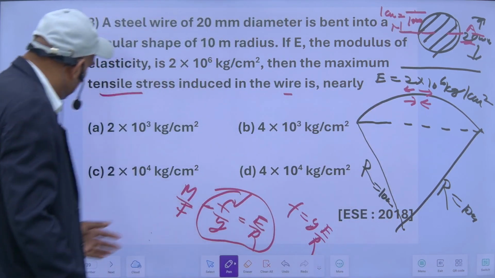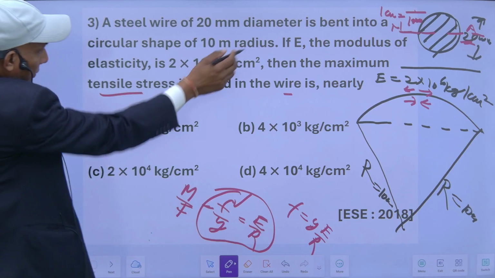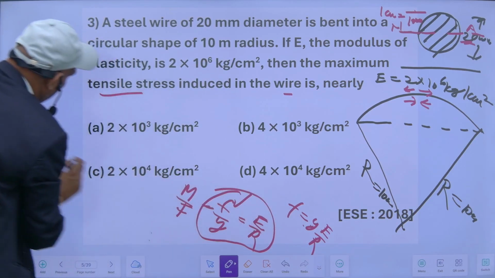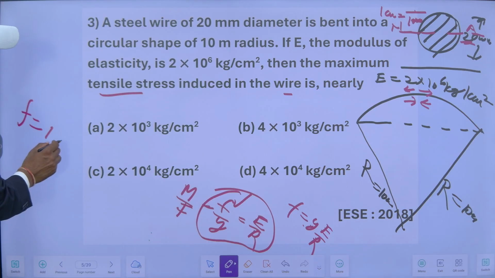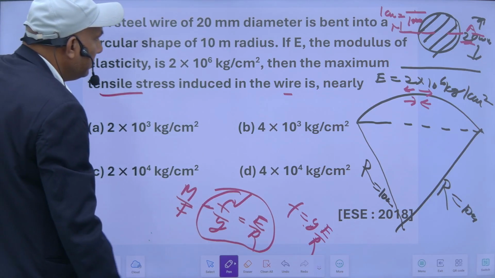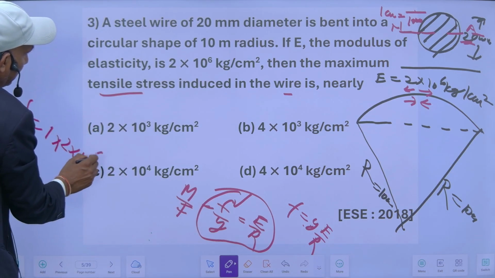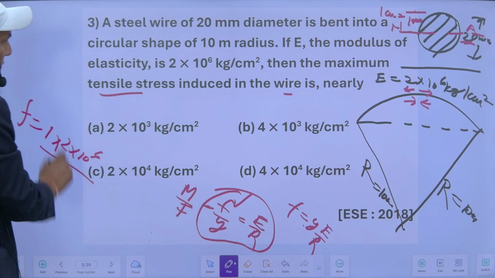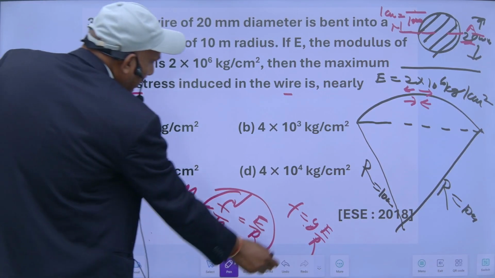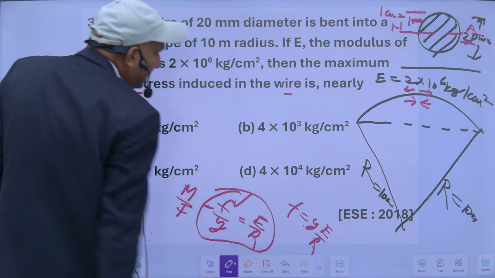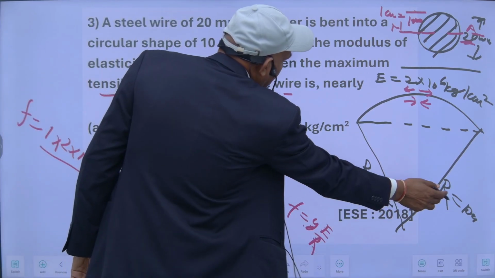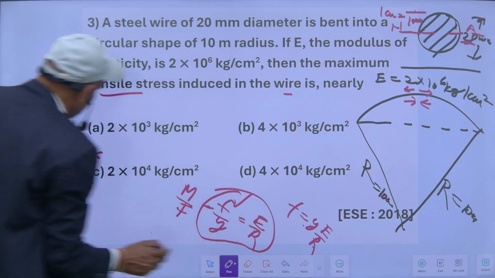So if I calculate in centimeter, Y is equal to 1 centimeter, into E, the Young modulus of elasticity, 2 into 10 raised to power 6 kilogram per centimeter square, and R. R is 10 meter here. This is the radius of curvature.